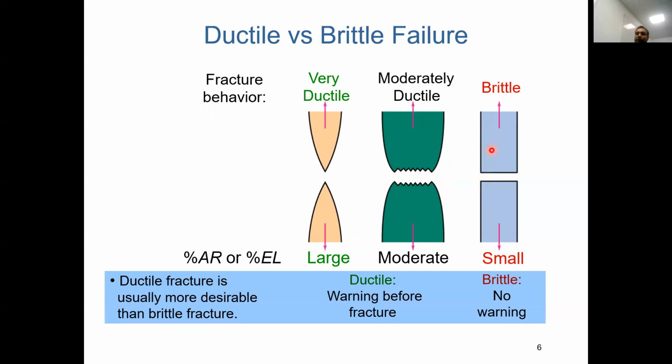In brittle failure, there is no change in the percentage area reduction, because you can see the cross-section area is the same and the length does not change either. Ductile will give you a warning before it fails. Brittle is not going to give you any warning and it will fail.